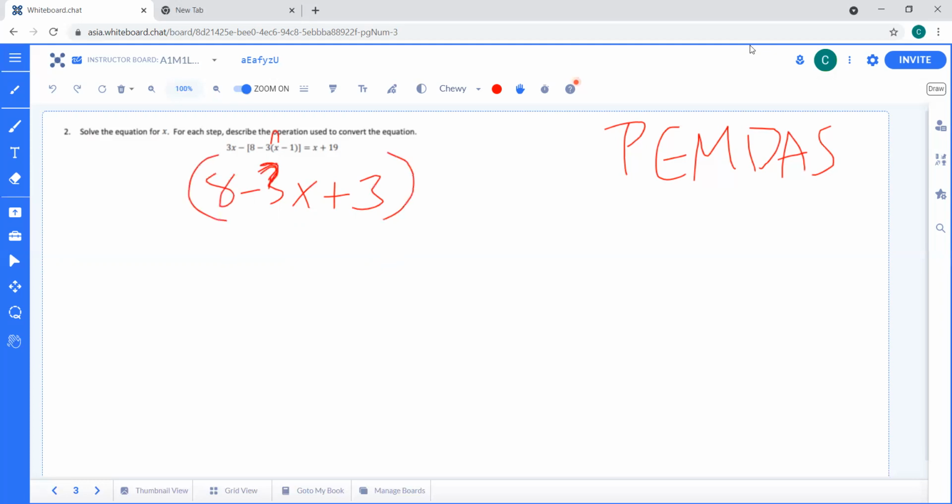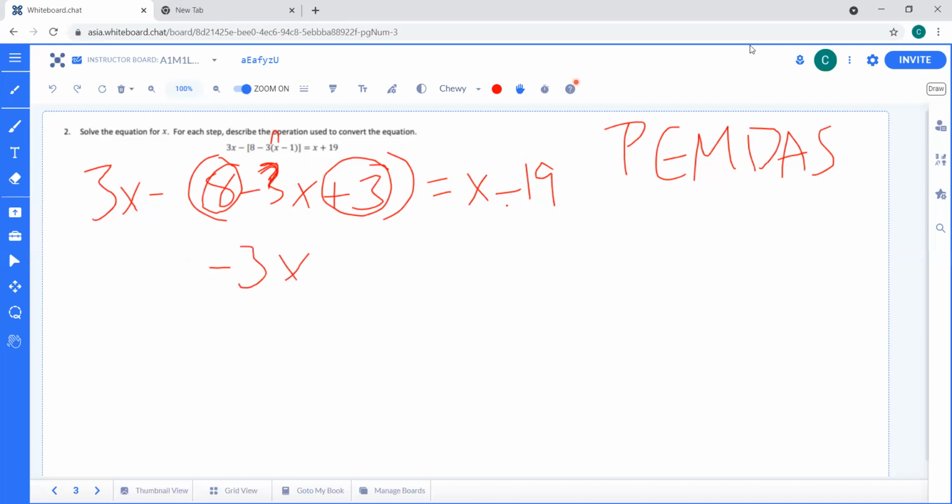So now we still have a parentheses. And now we could do commutative property slash collect like terms. We have like terms here and here. So that's going to be negative 3x.